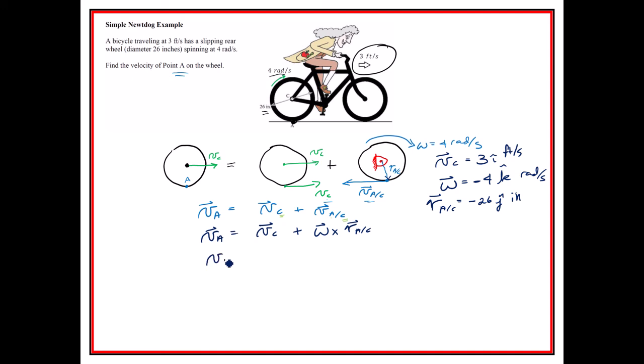And so that means that we're going to have 3i right there plus negative 4, and it's going to get multiplied by that negative 26, but let's turn those into feet right there. And then we want to have our k crossed with our j. And remember the right-hand rule here, right?